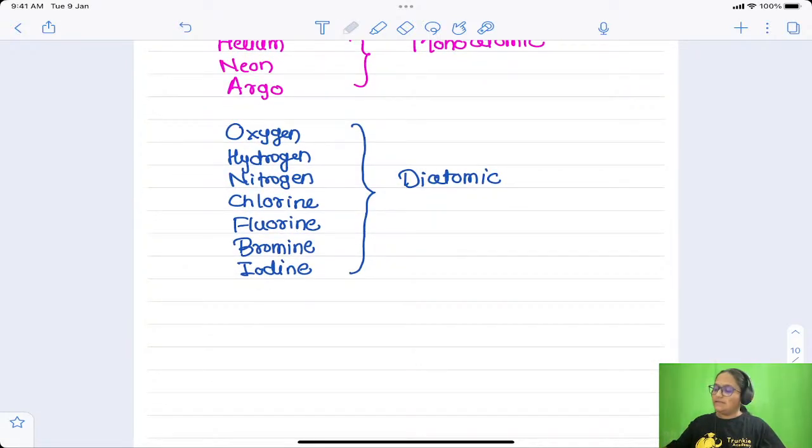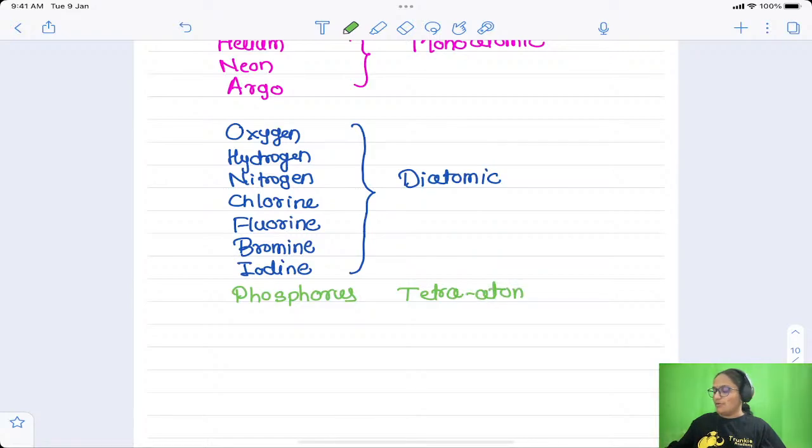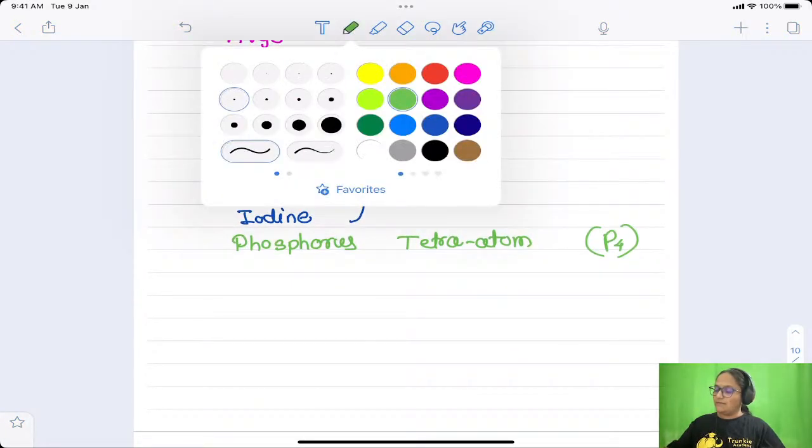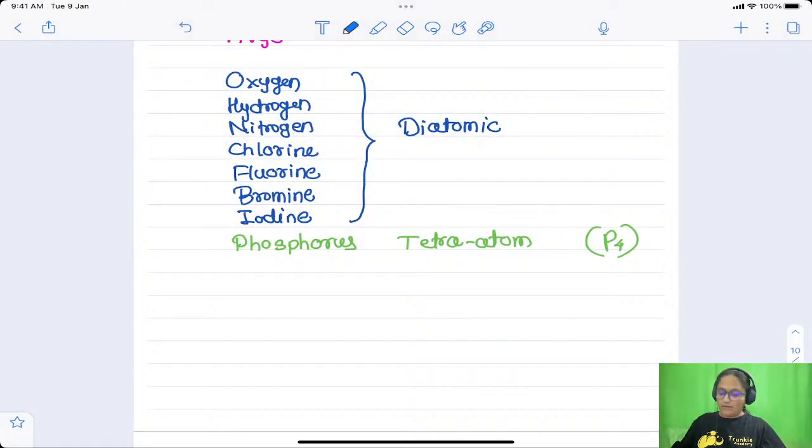Then other examples I will write down. Phosphorus is tetraatomic in nature. That is, the formula for phosphorus is P4. Then the next example I will write down is sulfur.